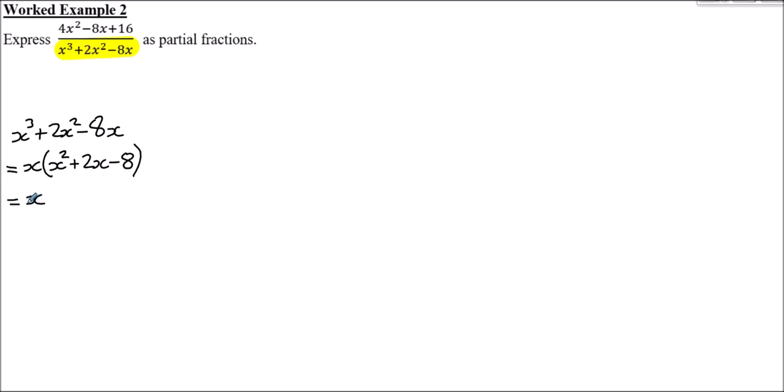So this I can rewrite as x brackets x plus 4 brackets x minus 2. And this form is much simpler because I can now decompose this into its three separate linear factors. So just write this here so we can use it.